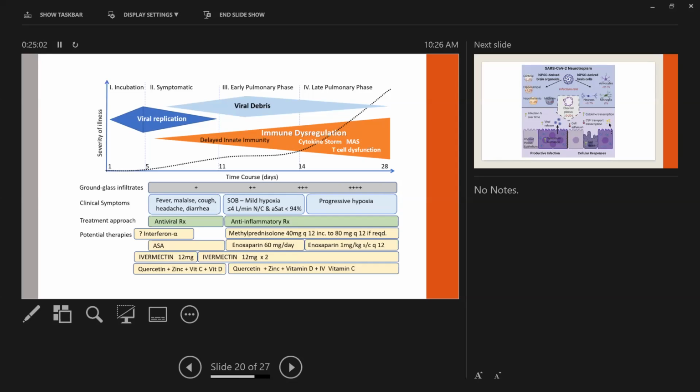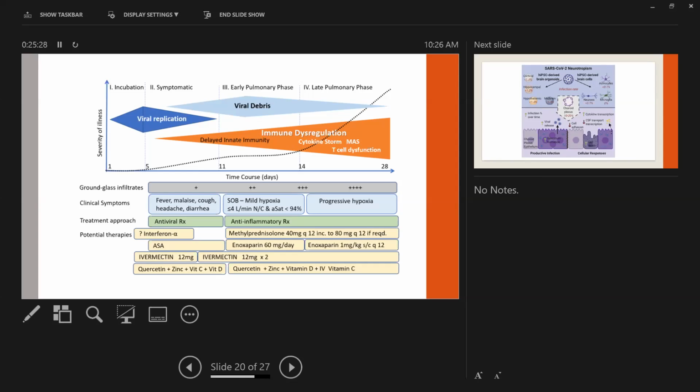So this is the reason why these antivirals like remdesivir, these antibodies against the spike protein, things like that, only work if you give them early during the viral replication period. After that, you have to give things to calm down this immune response, like steroids and also anticoagulants.